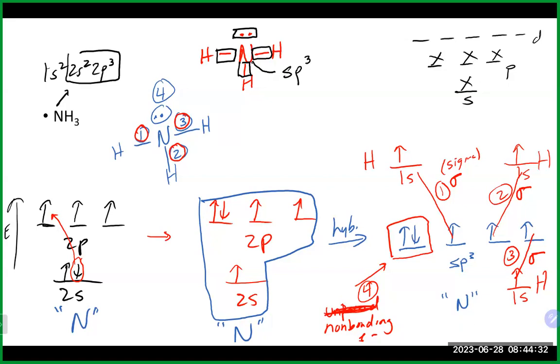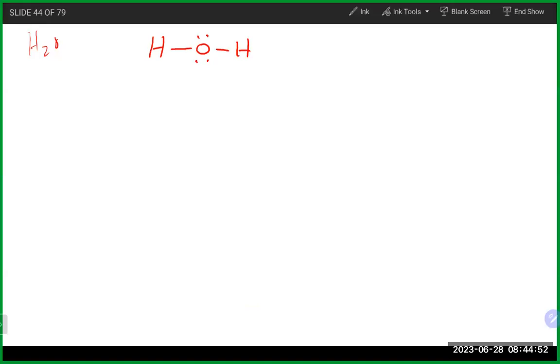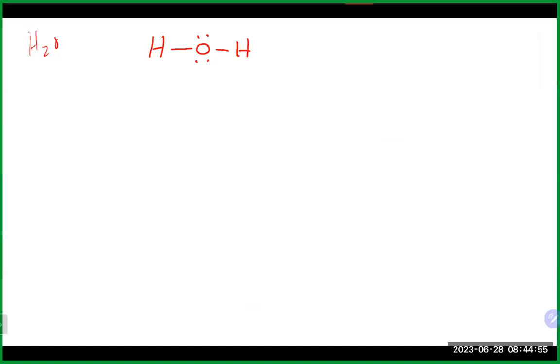Now, let's take a look at another example here, and let's take a look at water. So water, as we hopefully know, looks something like this. The hybridization of water should be what in this case of the oxygen in the middle? What is the hybridization of the oxygen?